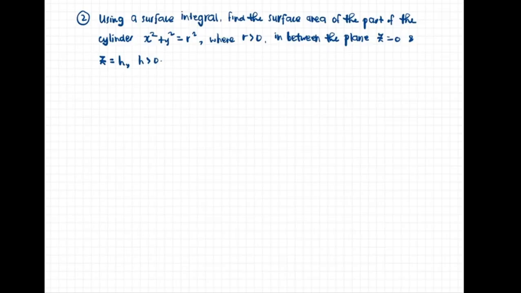So to sketch, we have here a general cylinder x squared plus y squared equals r squared. So say I'll name this r and minus r respectively, and then say that this is h.